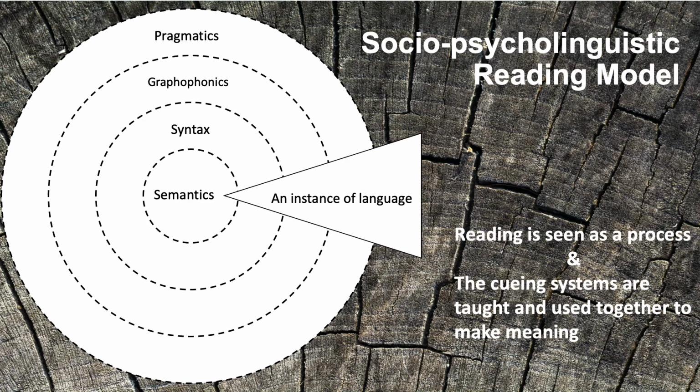That's Ken Goodman's original model. This model is put forward by Jerry Harste and Carolyn Burke. But regardless, the point is that you need to have all three or four cueing systems working together to create an instance of language or an instance of literacy.